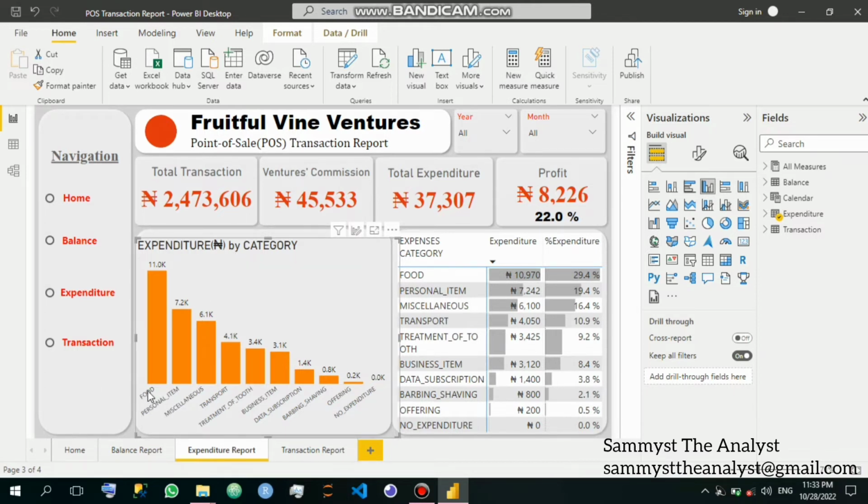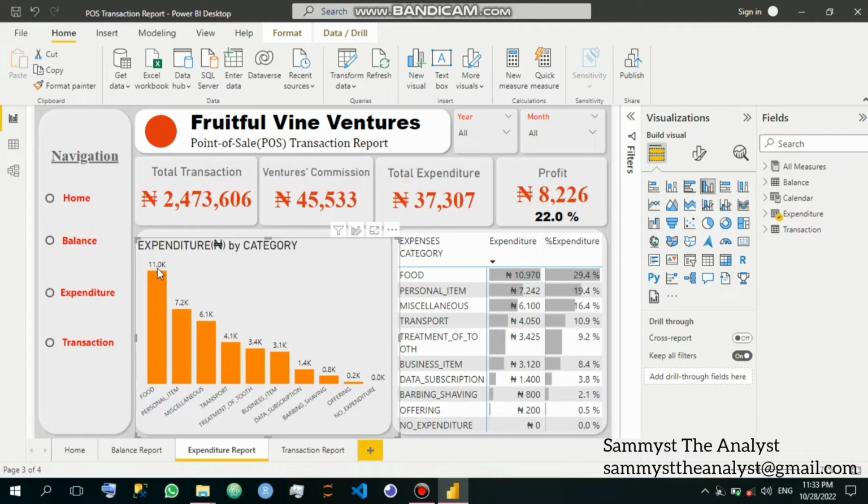Now there are several categories here, 1, 2, 3, 4, 5, 6, 7, 8, 9, 10. Okay, there are actually 9 categories because this category is no expenditure. There was no expenditure that was incurred, so there is nothing for this. So there are 8 categories in total.